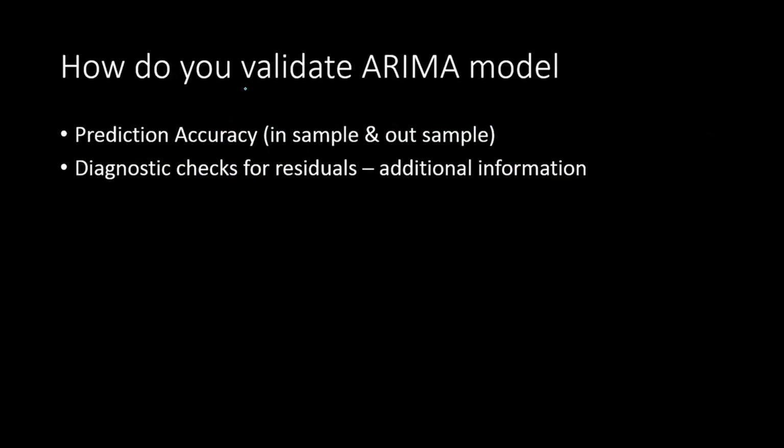The final question is, how do you validate the ARIMA model? You might have come across a number of videos on my channel where I have talked about model validation for multivariate models, like regression and classification models. The usual way of doing it is to divide your data set into two parts.